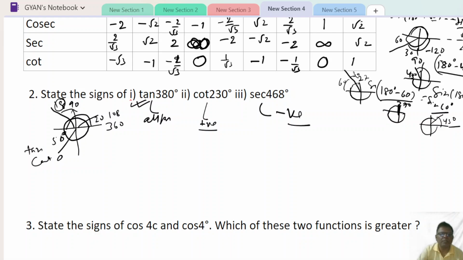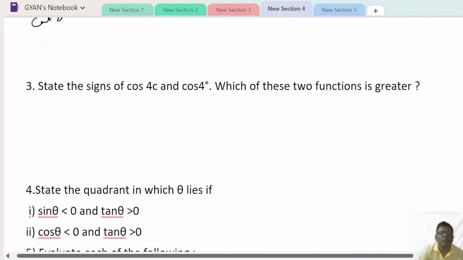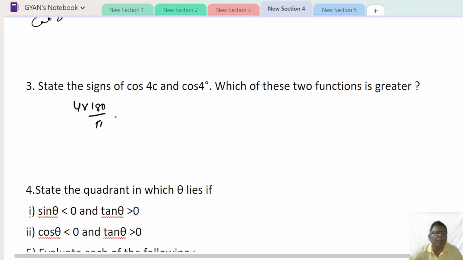Now come to the third question. So 4 radian. It is telling what the 4 radian is. So 4 radian is 4 times 180 divided by pi.